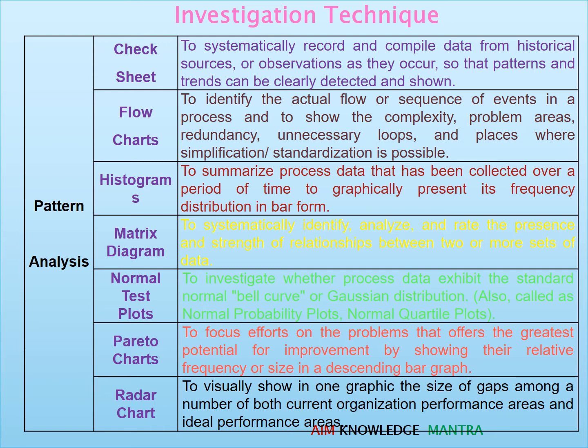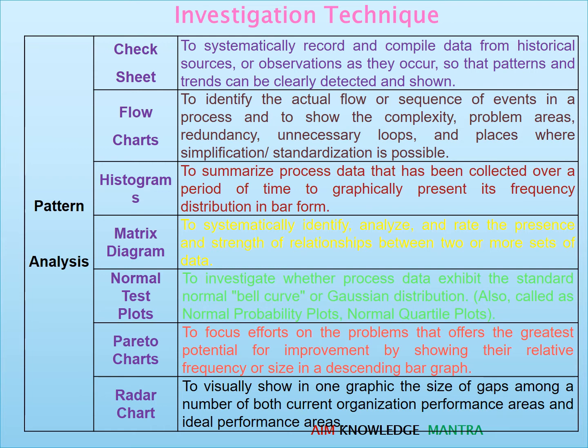Matrix diagram: to systematically identify, analyze, and rate the presence and strength of relationships between two or more sets of data. Normal test plots: to investigate whether process data exhibit the standard normal bell curve or Gaussian distribution, also called normal probability plots or normal quantile plots.